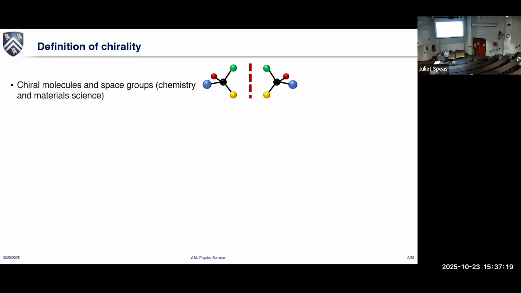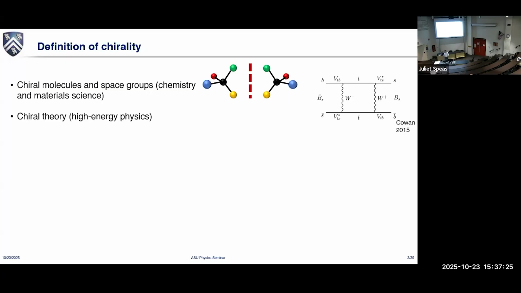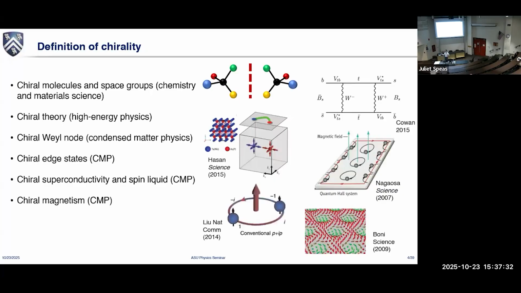Then when we enter into more advanced physics, you hear about chirality defining high energy physics. You also hear a lot of chiral objects that have been defined or at least mentioned in the condensed matter physics literature.